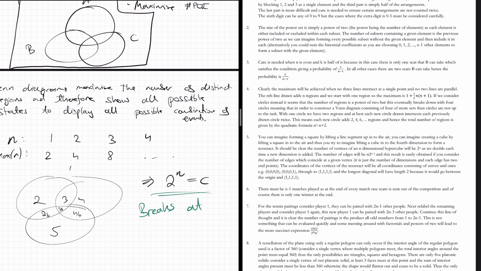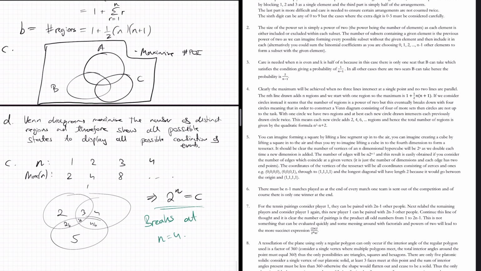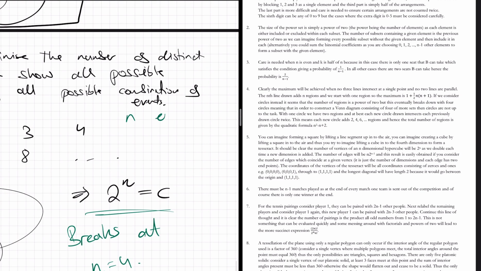Right, wait. This is interesting because if you think about it, if you have n events, then there are 2 to the n possible states, right? Because you can either have A or not A, B or not B, C or not C. So you'd believe that since a Venn diagram needs to show every possible combination, there should also be 2 to the n different regions.